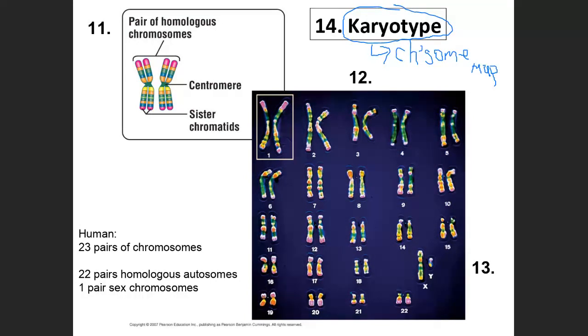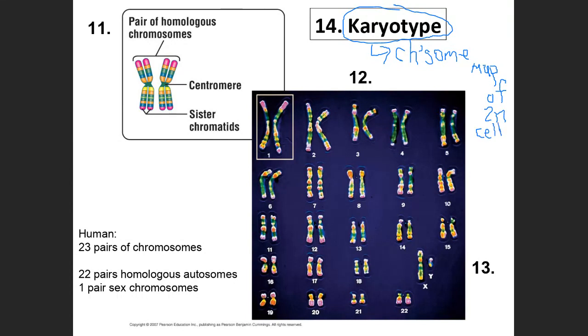Wow, couldn't even spell that last word. That should be map. Okay, M-A-P, sorry everybody, chromosome map. Now, it's not just a chromosome map. Most often it's a chromosome map of a 2N cell.